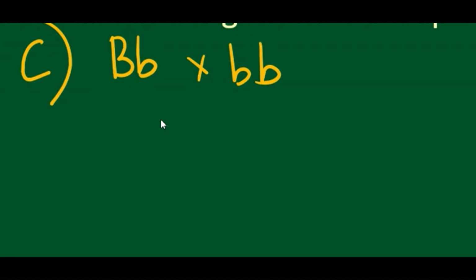When we check with the crossing between capital B and small b, we'll check whether we are getting all the offsprings brown. So here capital B crosses with small b, you get brown. Again capital B small b, you get brown. But small b and small b causes formation of only white offsprings.